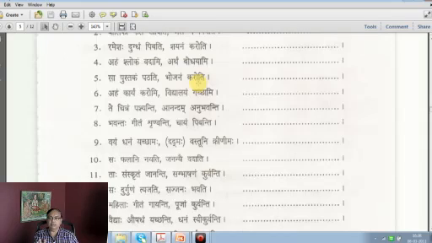Vayam chitram pashyamaha, I would convert it. Vayam chitram drushtva. Te chitram pashyanti also changes to te chitram drushtva. Saha chitram pashyati also changes to saha chitram drushtva. Sa chitram pashyati also changes to sa chitram drushtva. Drushtva is the one thing for all these things.